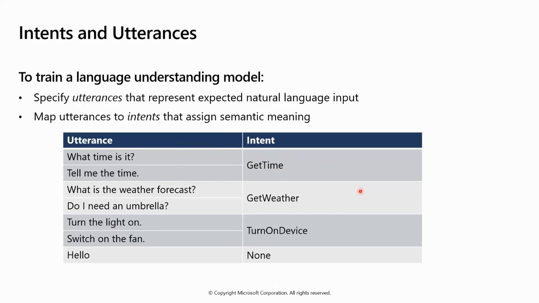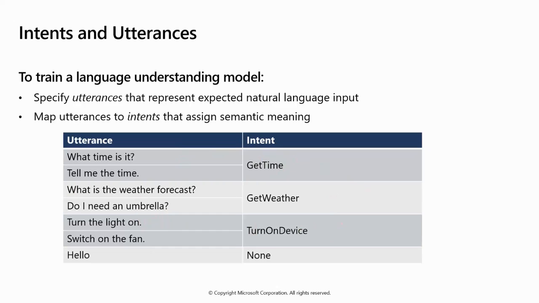Will it snow? Will it rain? Etc. And we have turn on device. For example, turn the light on, switch on the fan, or switch on the light. And we can define an intent as none. For example, hello, goodbye, and so on.